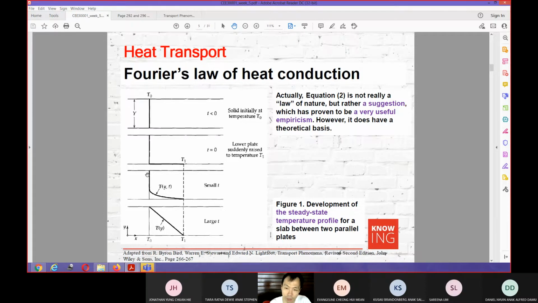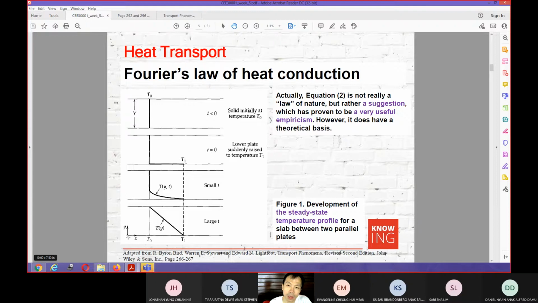The solid slab, in the beginning will be like this, and then it will go like this, and then like this. Then at a particular time, you will have a linear temperature gradient that extends from T1 up to T0, because the parallel plate on the top is not heated, so it stays at the temperature T0.